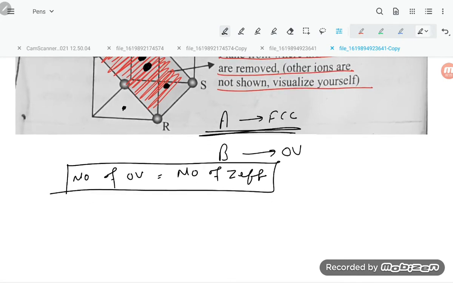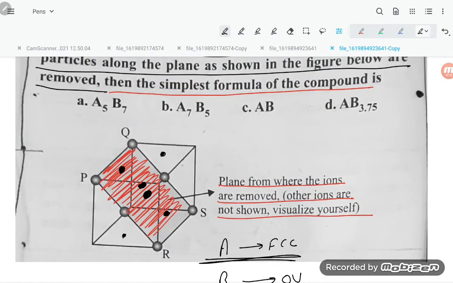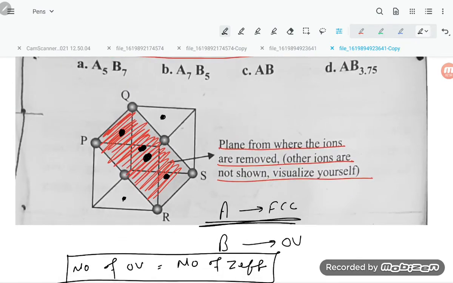So how can you solve this problem? Number of A, in brackets CCP, so that is corner. How many corners are left? P, Q, R, S are left. So if you talk about the left corners, here this particle is 1, this is 2, 3 and 4 are left.